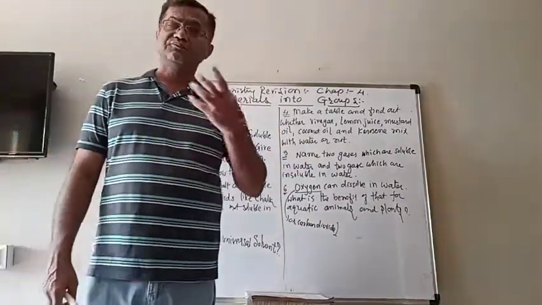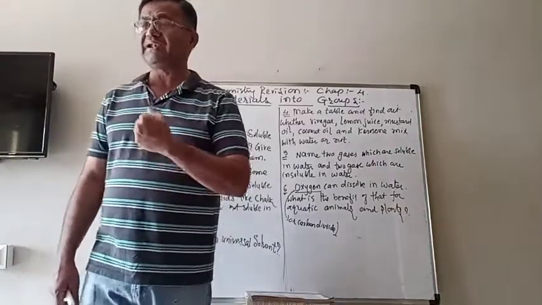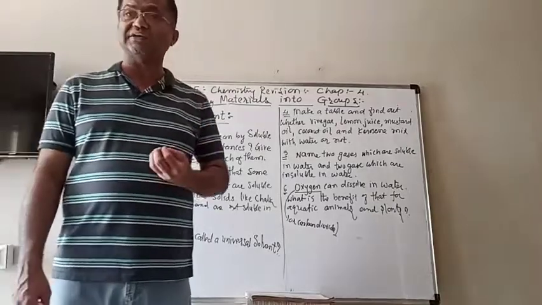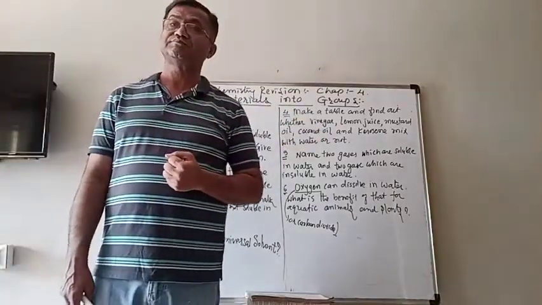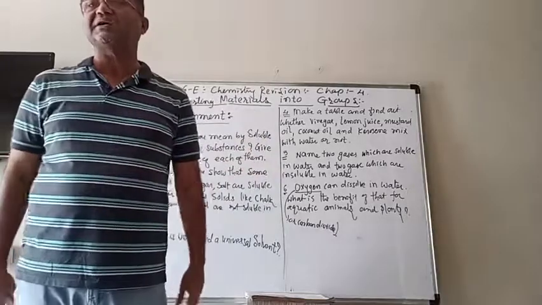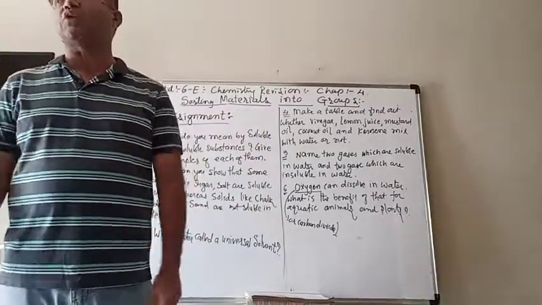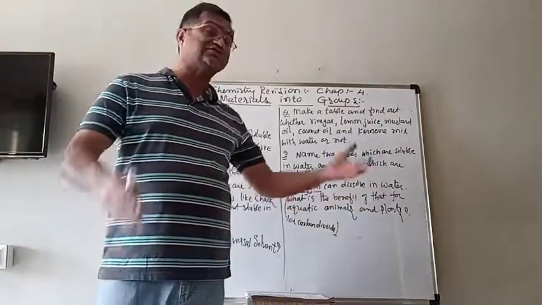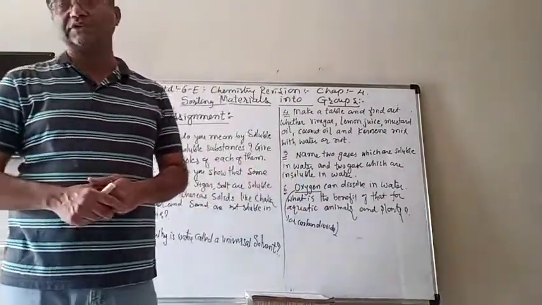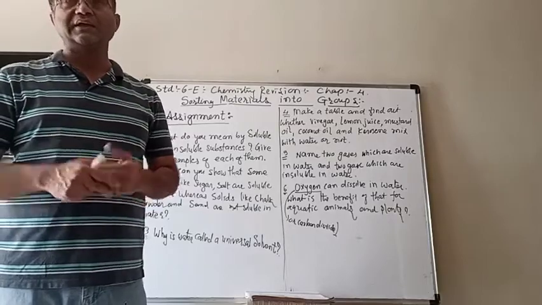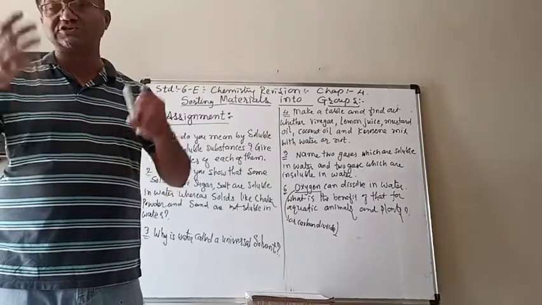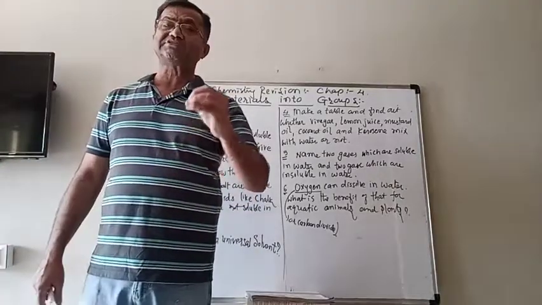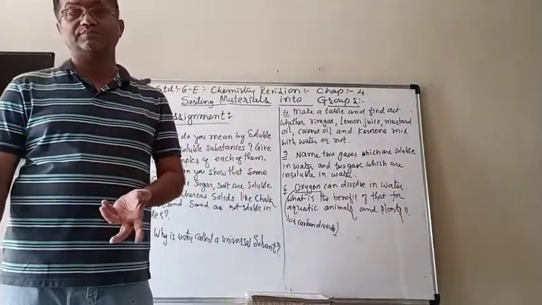Similarly, the plants which are on the land, on the soil, get carbon dioxide from the atmosphere. But the aquatic plants which are submerged in the water can take the carbon dioxide which is dissolved in the water, and they can do photosynthesis, because for the process of photosynthesis carbon dioxide gas is very, very important.